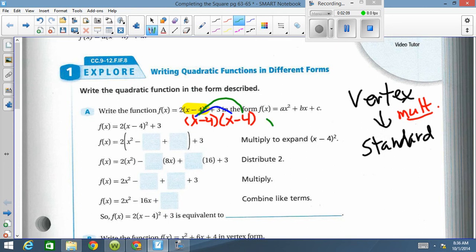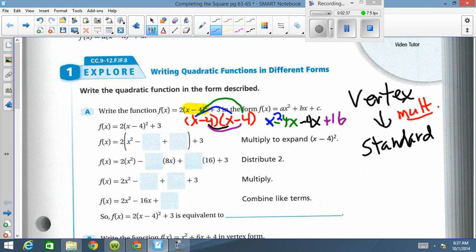So I had x squared on the first part of this, and then when I went outside, that gives me a negative 4x. My inside is a negative 4x, and then my last is negative 4 times negative 4, which is a positive 16.